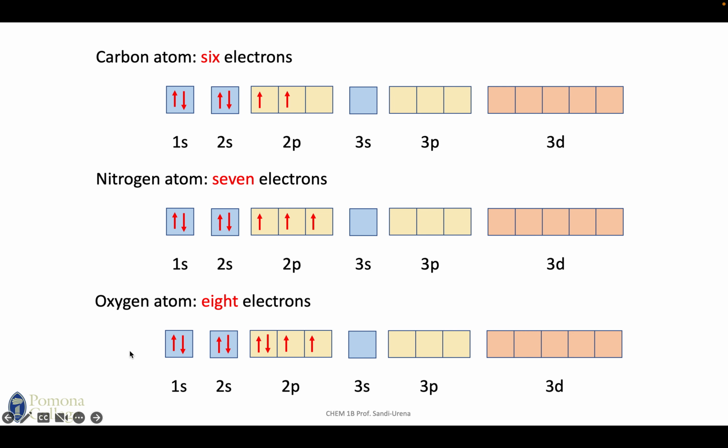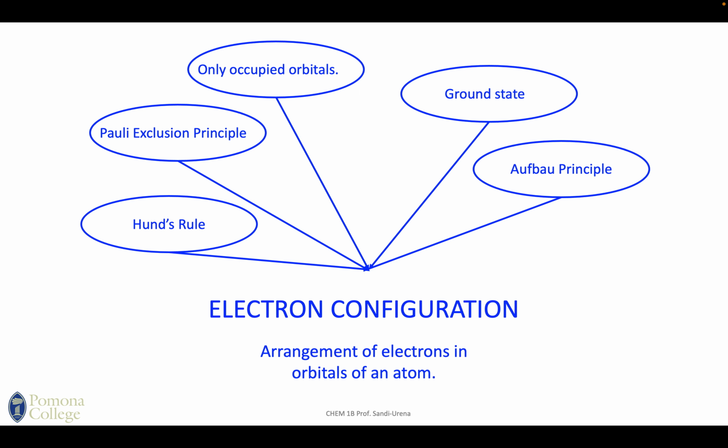So we're building these electron configurations, and these are the things that we're bringing together. When we do so, to get the configurations, we only show the orbitals that actually have electrons, occupied orbitals. We have to keep in mind the Pauli exclusion principle, Hund's rule, the Aufbau principle, and understand what a ground state means versus an excited state.